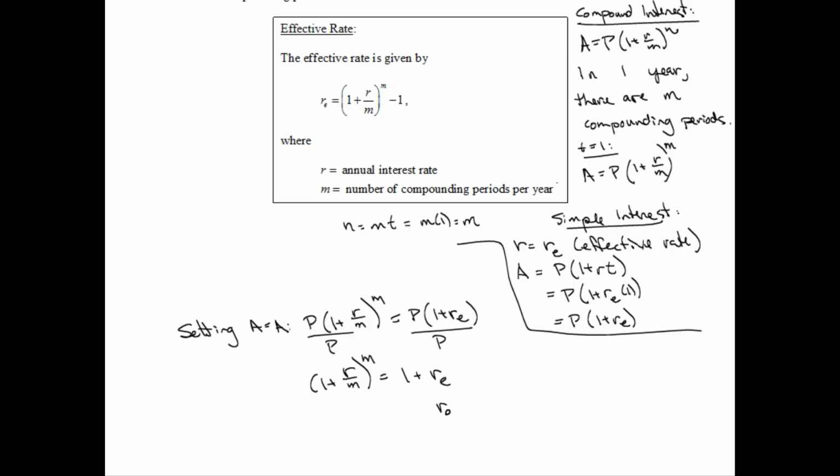So that means that R sub E has to be equal to 1 plus R over M to the M minus 1, which is exactly what you see in the formula here. That's where it comes from. So all it is, is converting to an equivalent annual simple interest rate.